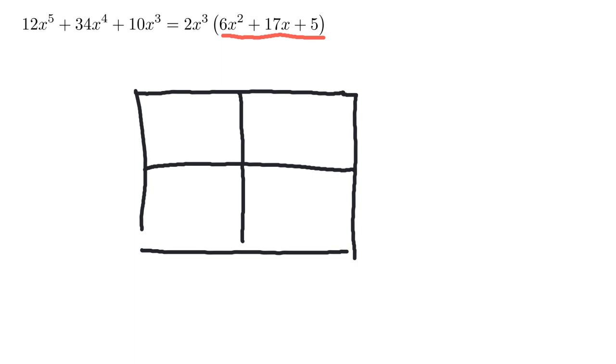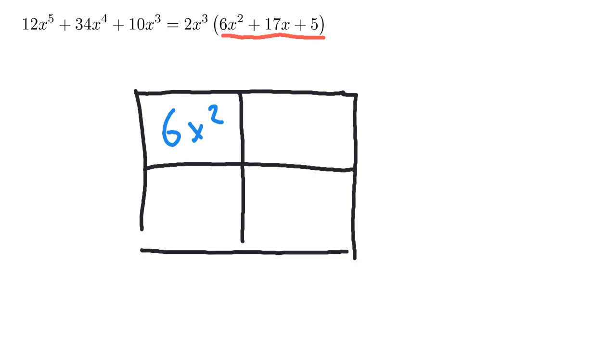So what you do is you take the first term. The first term is the highest degree term. We're going to assume it's in descending order. So the highest degree term is 6x squared. You take the first term, the 6x squared, and you put it in this upper left-hand box. So first term always goes in the upper left.